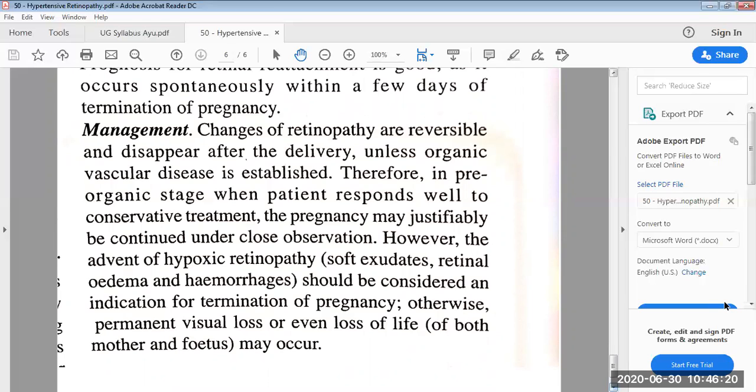However, the advent of hypoxic retinopathy, means soft exudates, retinal edema, and hemorrhages, should be considered an indication for termination of pregnancy. Otherwise, permanent vision loss or even loss of life of both the mother and fetus may occur.